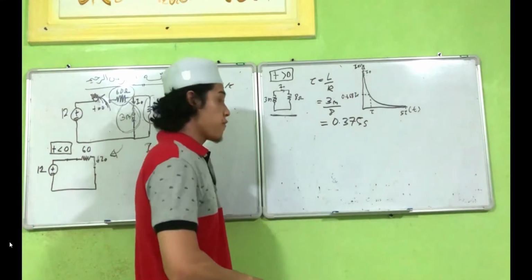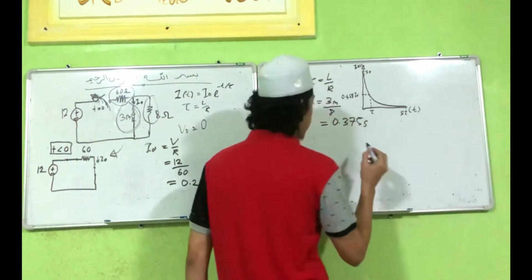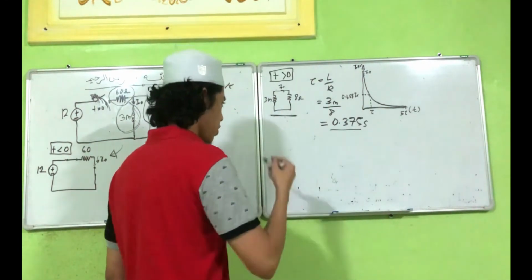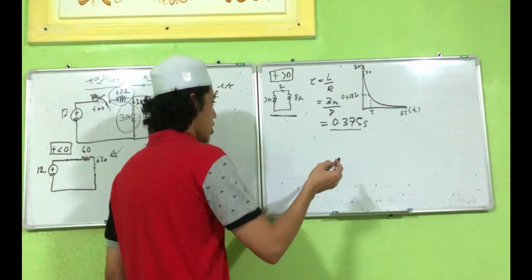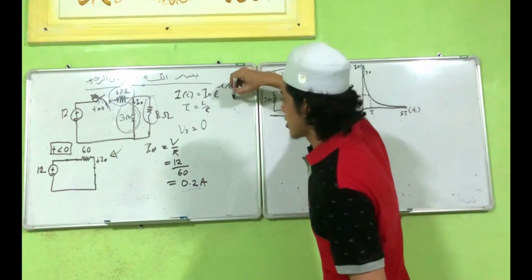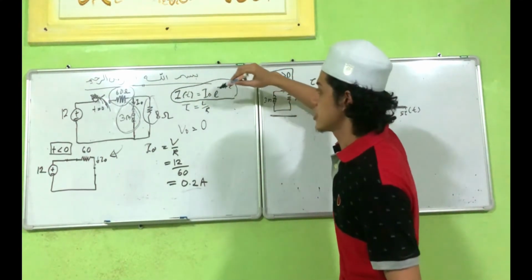So we have found the value of I naught and the value of tau. We take both of these values and put them in the general current formula.